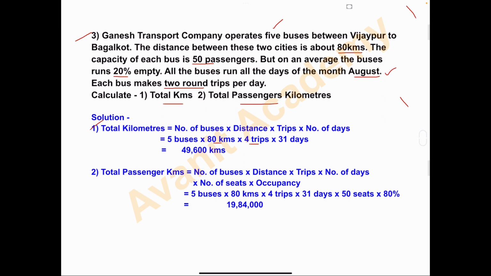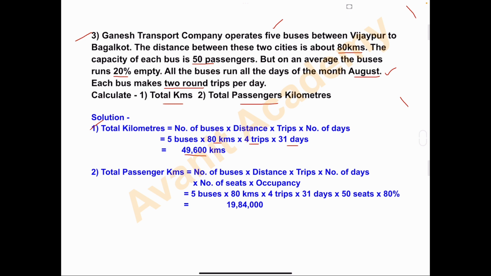So take here 31 days. Multiply this. 5 buses into 80 kilometers into 4 trips into 31 days. And you will get 49,600 kilometers. So total kilometers is 49,600. So first part is over.